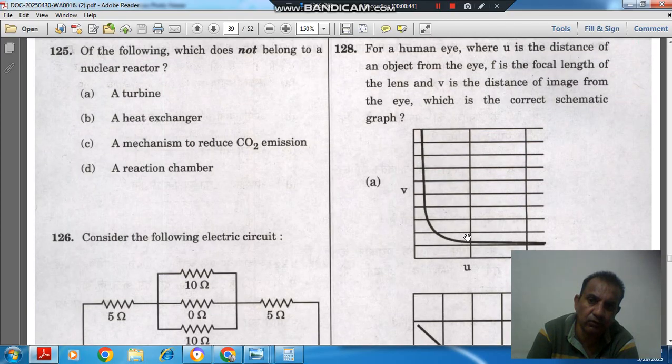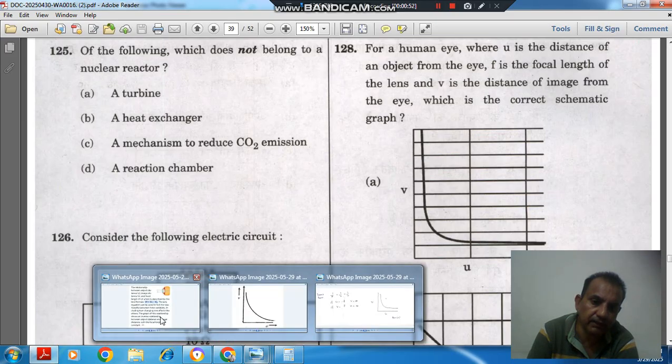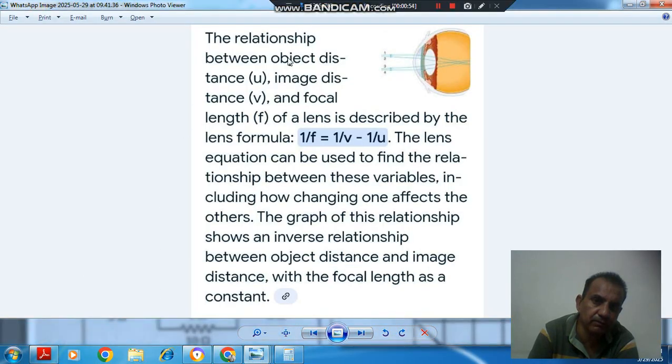This type of graph is obtained in the human eye when we vary V and U keeping F constant. The explanation is that the relationship between object distance u, image distance v and focal length of a lens is described by the lens formula, 1 by f is equal to 1 by v minus 1 by u.